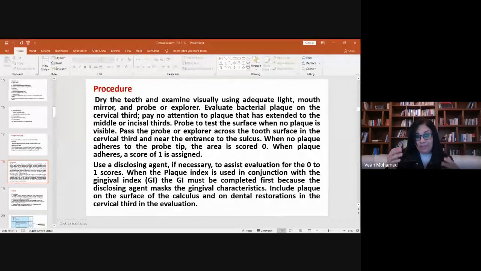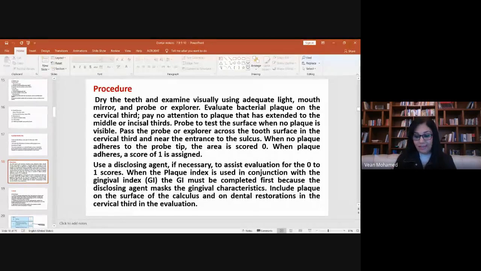And when we use plaque index and gingival index, we have to avoid using a disclosing agent because it changes the color of the gingiva in addition to the color of the tooth. So why a disclosing agent, and what is a disclosing agent?